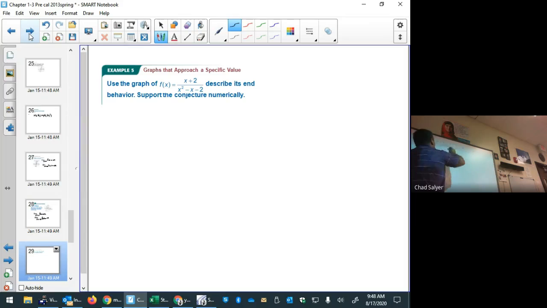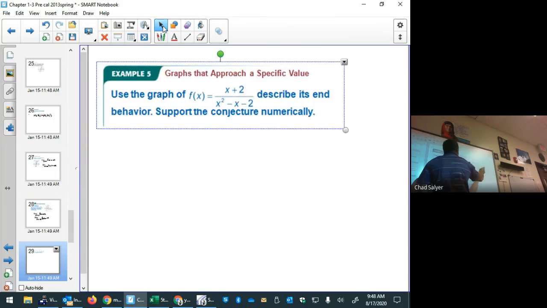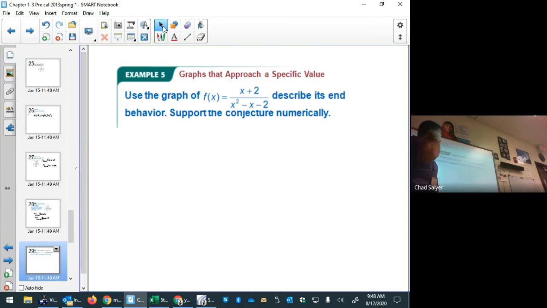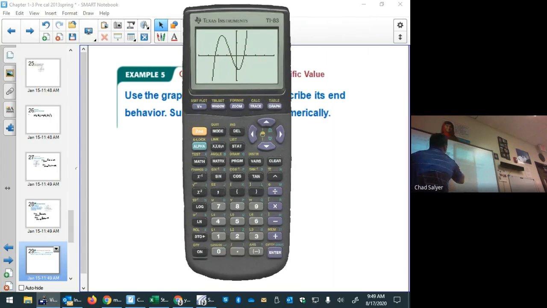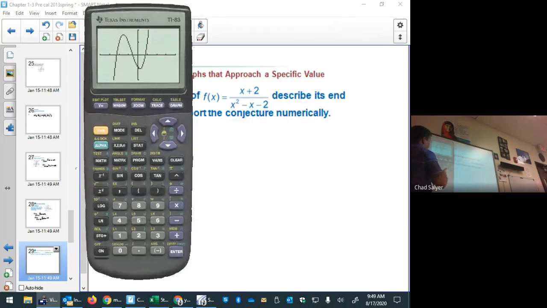Example 5, graphs that approach a specific value. So it doesn't have to go to infinity as it gets bigger and bigger and bigger. It can approach a certain constant value. So use the graph to describe the end behavior here. We're going to need to go in a really big positive and negative direction to understand this graph.